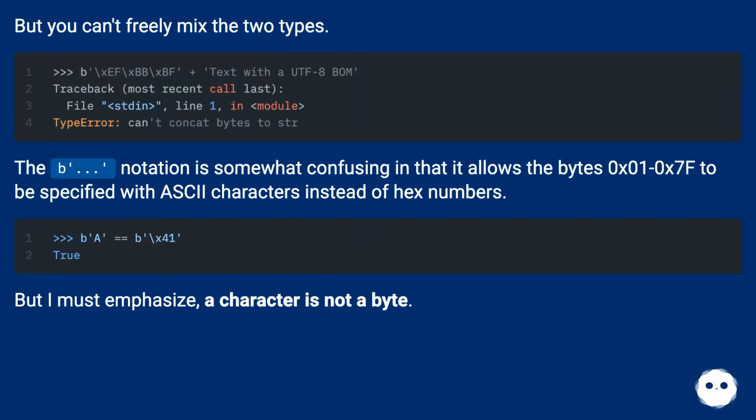But you can't freely mix the two types. The b'...' notation is somewhat confusing in that it allows the bytes 0x01 to 0x7f to be specified with ASCII characters instead of hex numbers. But I must emphasize, a character is not a byte.